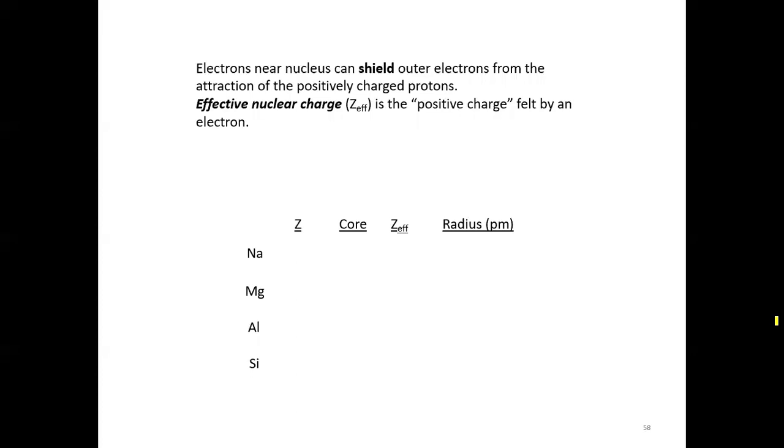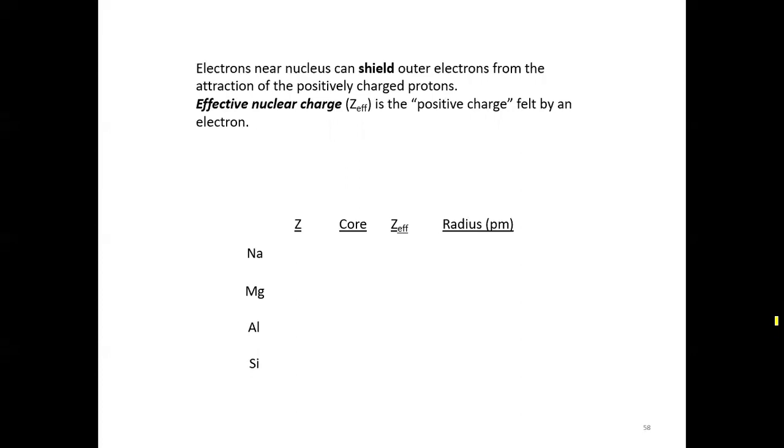Electrons in a 2p orbital are shielded from interaction with the positive nucleus by the electrons in the 1s subshell. However, because electrons in the 2s subshell can penetrate, in other words, they have a little blip of probability closer to the nucleus, they are able to bypass some of the shielding and therefore have a lower energy.